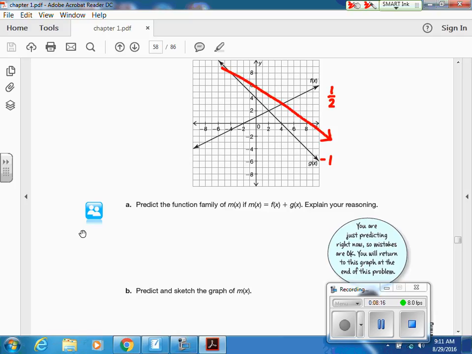I would say it's going to look something like that. If I were to add those two together, it would probably look something like that. It's still negative because there's more negative than there is positive. But it's not as negative as this one because I did add some positive to it, right? So that's my prediction of what that one would look like.